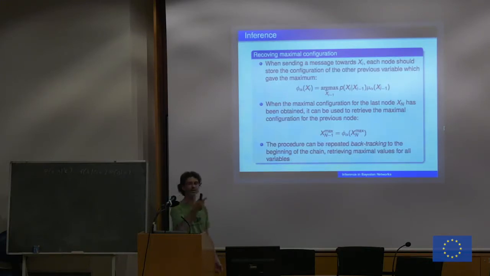This is the message sent to the next variable. When you maximize over xi minus 1, you compute the value, but there is also an assignment of the variable which produced that value, what is called the argmax.